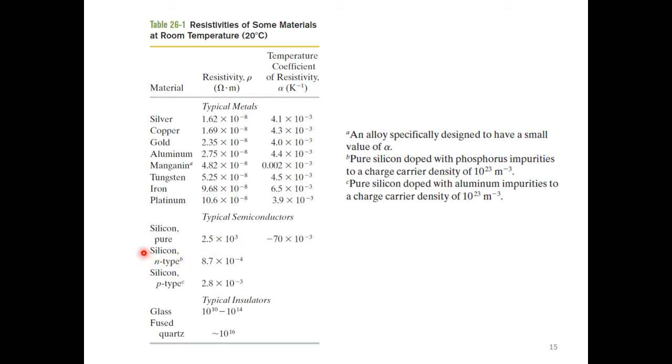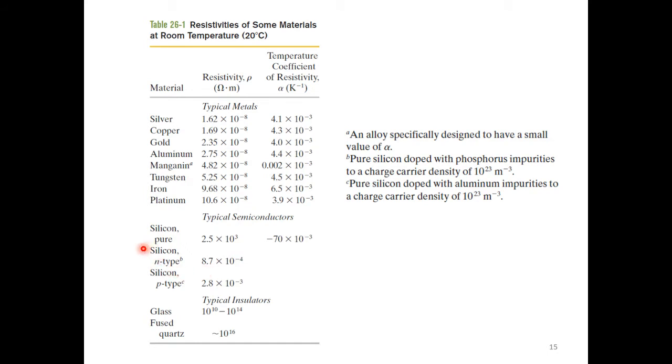However, if silicon is doped with phosphorus or another dopant, I can't really remember, then after the doping, the silicon becomes N-type or P-type, and the resistivity will be much lower than pure silicon, although it is still higher than metal.